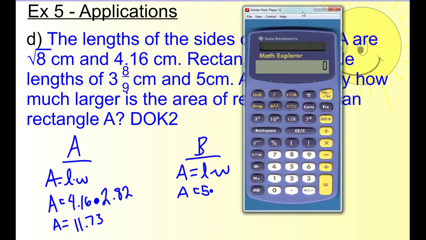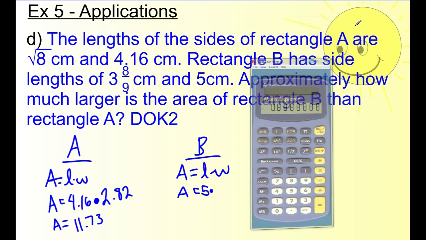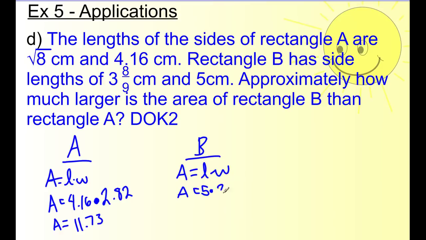8/9, if you remember from the last lesson, turning a rational number, something over 9, into a decimal, is going to give us 0.888888888. It's a repeated decimal. So we have 3.8 repeated, but I'm not going to type in the repeated.